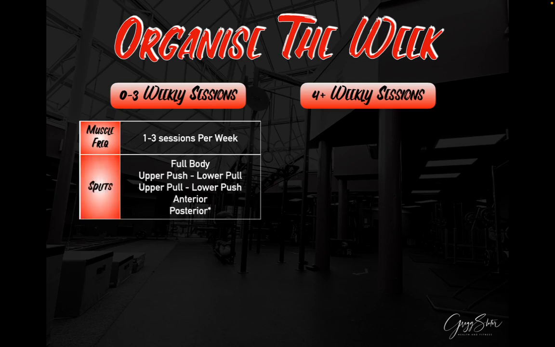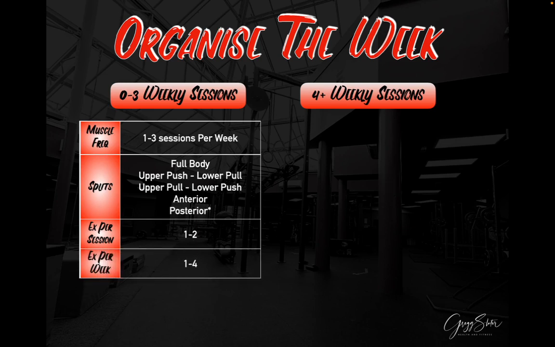This allows us to do splits like upper full body, upper push, lower pull, as I've already mentioned, anterior, posterior. Most of the time, it's just going to be truly full body. That means 1 to 2 exercises per body part per session. Obviously, on some days some aren't going to be included, and that's fine. But as long as over the course of the week, we're getting that 1 to 3.